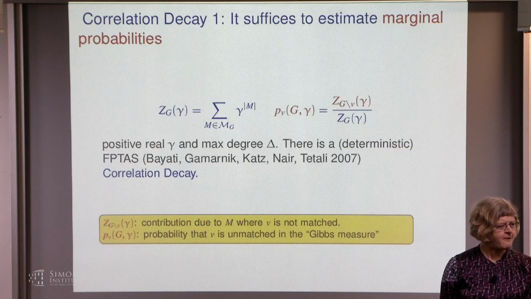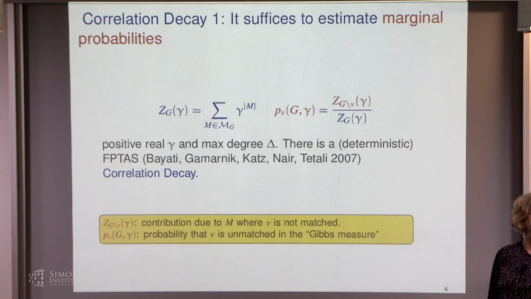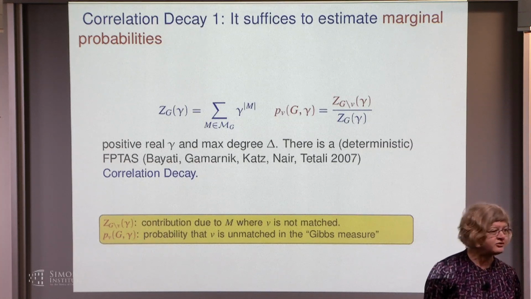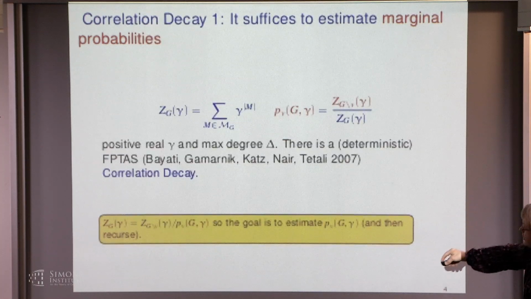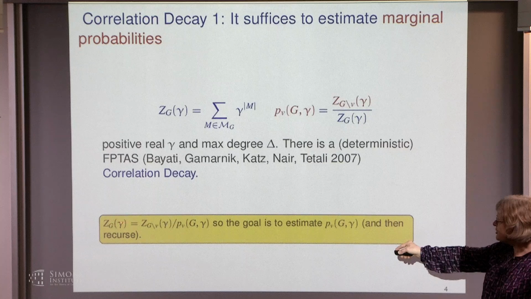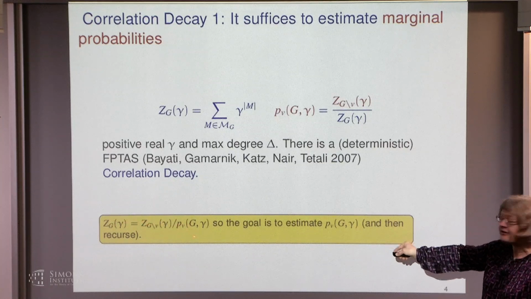Okay? The first claim that we need for correlation decay is just that approximating this probability is actually the same as approximating the partition function for all practical purposes. The reason is that you could just pull the Z up and the P down. So the partition function is just the partition function with v unmatched divided by the probability.